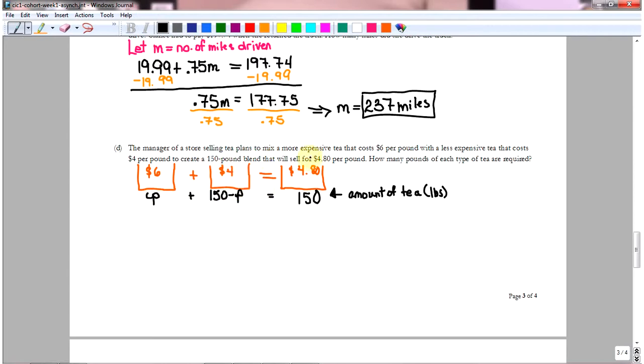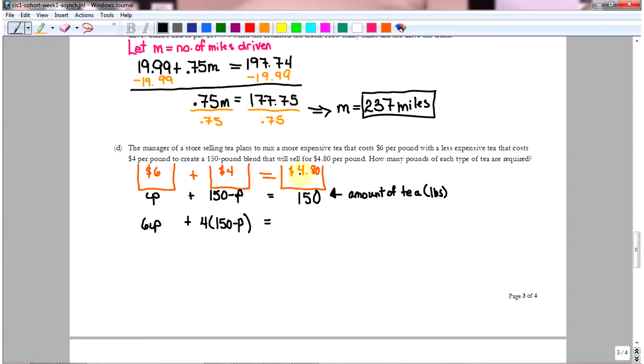Well, next we need to come up with an equation for the cost. If we have $6 per pound and we have p pounds, that total cost is going to be 6 times p. Next, if it's $4 per pound and I have 150 minus p pounds, we're going to multiply 4 times 150 minus p.